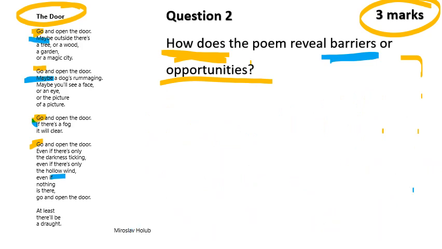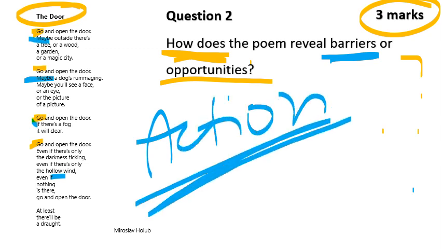It's telling you that the action is what's important. Open the door. That's what's important. Take the opportunities. See the door as an opportunity, not as a barrier. It doesn't matter what's behind the door. Just open it. Take the opportunity to discover something. Take the opportunity to see what opportunities lay. Don't live in fear. Don't stand at that door and wonder what if. Just do it. That's essentially what this poem is saying.